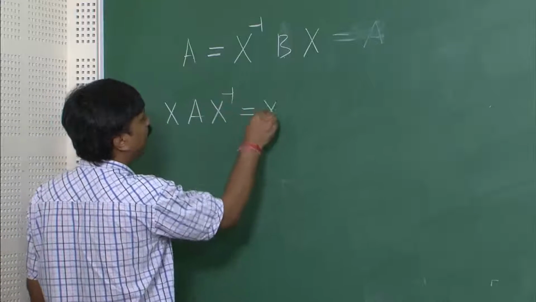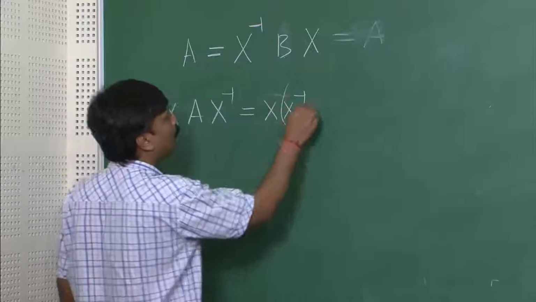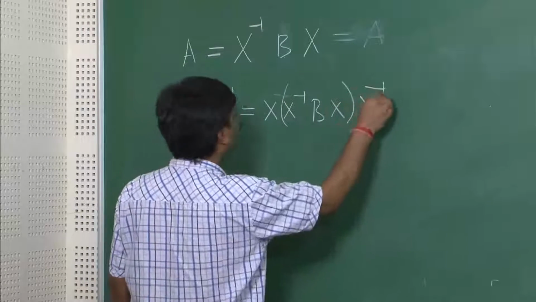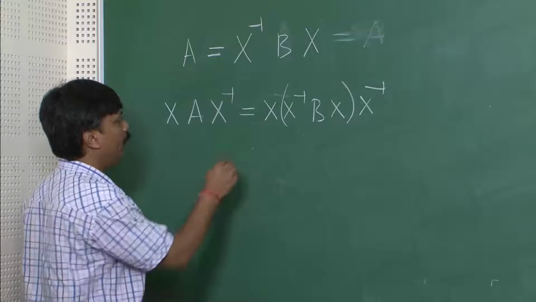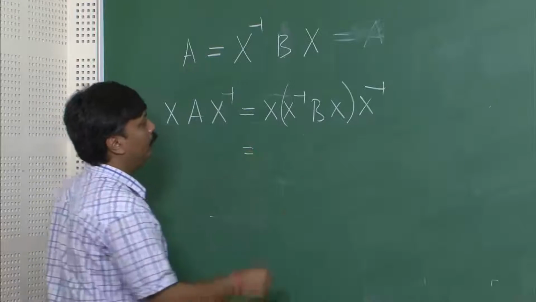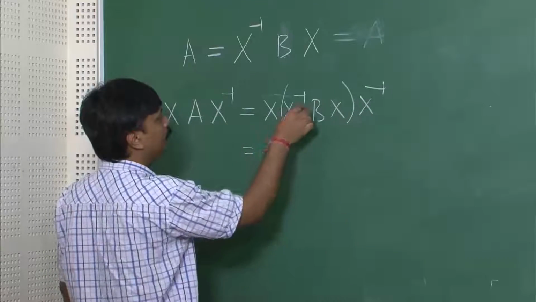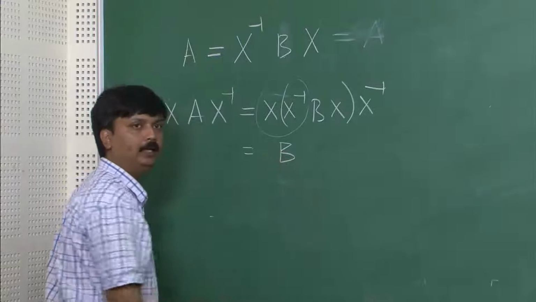So let's do that. So what do we have here? This part will give identity, and this part also will give me identity. So ultimately I have B here, right?